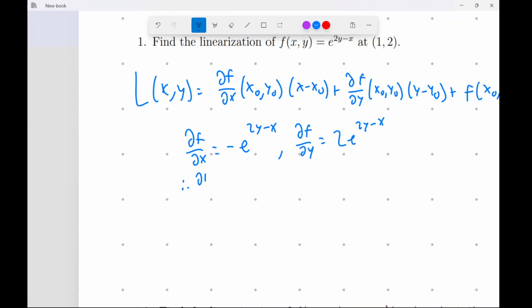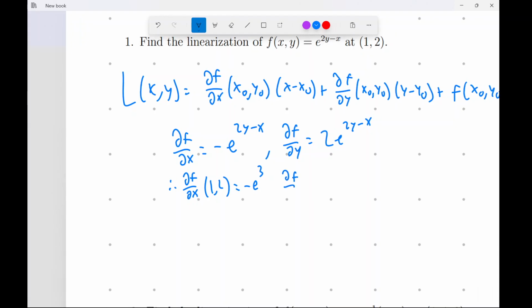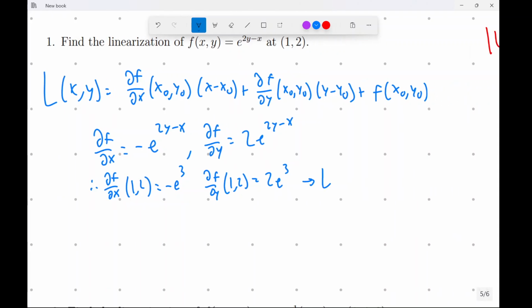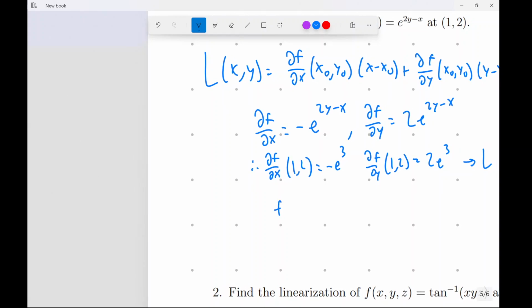I'll say partial. I'm trying to use good notation so that I can be a good role model for you. At (1, 2), partial f partial x is negative e cubed, and partial f partial y at (1, 2) is equal to 2e cubed. Okay, and so then for our linearization, I should also find f of (1, 2).